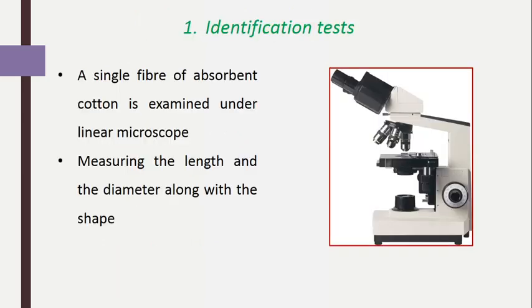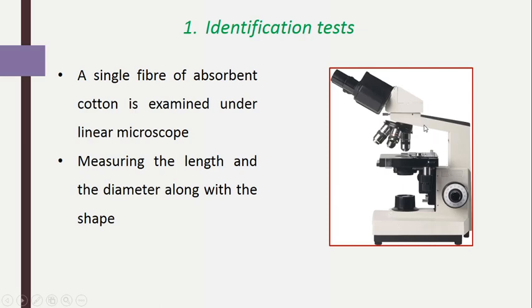Here we will see the identification test of surgicals. For this identification test, a single fiber of absorbent cotton is observed under a linear microscope. You can see in this picture, this is a microscope.